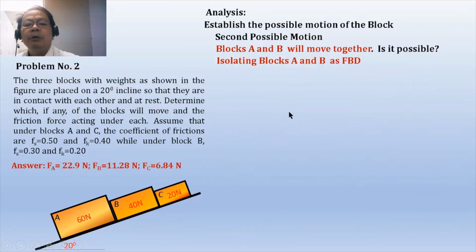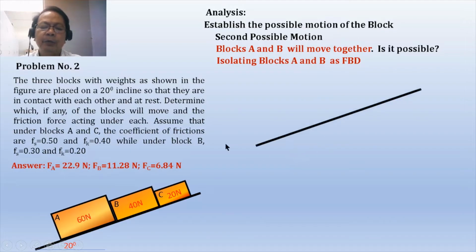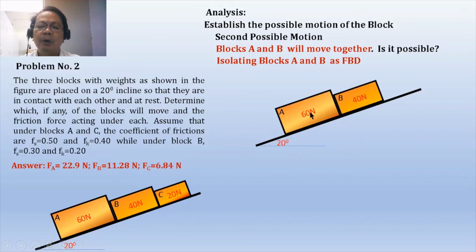Okay, so what we do is to make an isolation, or the FBD, of blocks A and B as a unit. So let us show our A and B together as a unit on top of the plane, which is at 20 degrees from the horizontal. So here are our blocks A and B together. Again, we will consider this as our x-axis, and perpendicular to it shall be our y-axis.